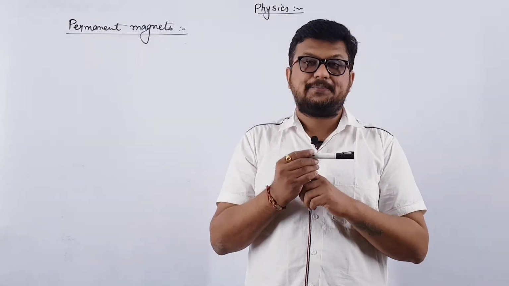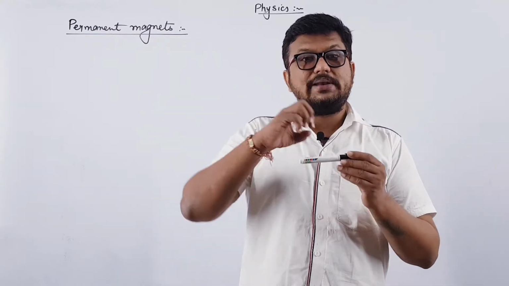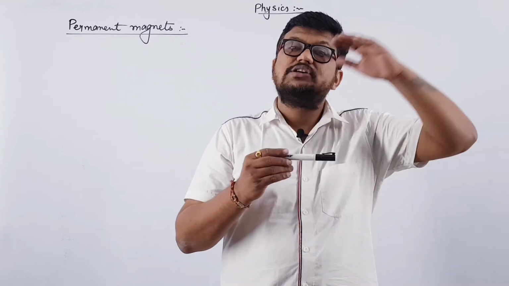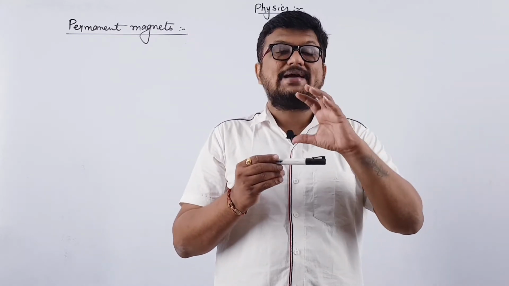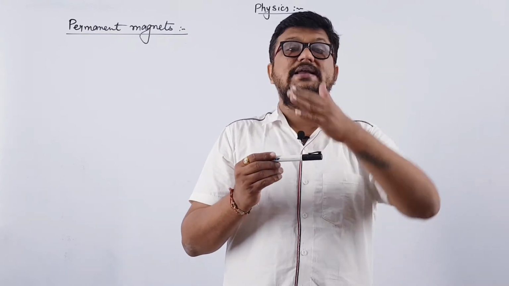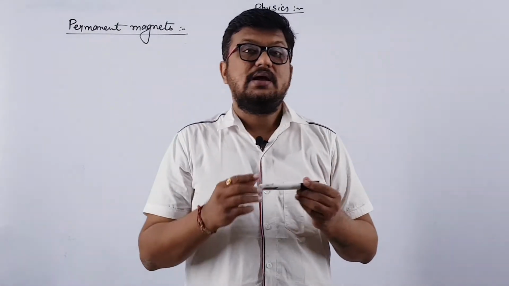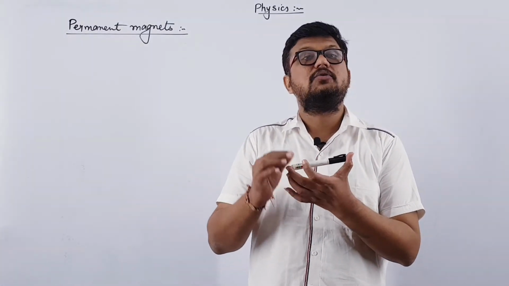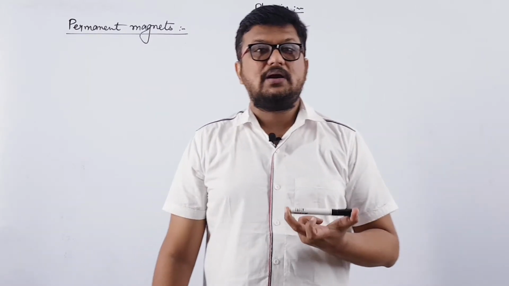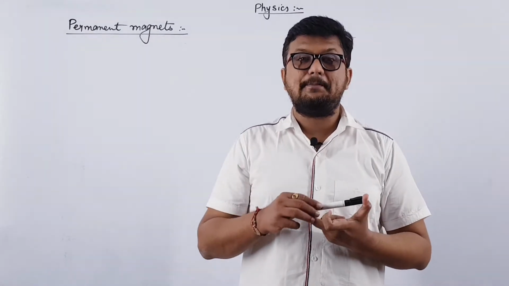The reason is, if you keep on hammering this rod, its electrons will gain some energy, and due to the external field of earth these electrons will change their orbital motion in the direction of the external field, so that we get a net magnetic dipole moment, and hence this rod will be converted into a permanent magnet. This is a very old method to prepare a magnet, which we were using 400-500 years ago.